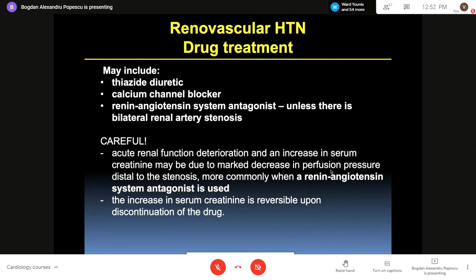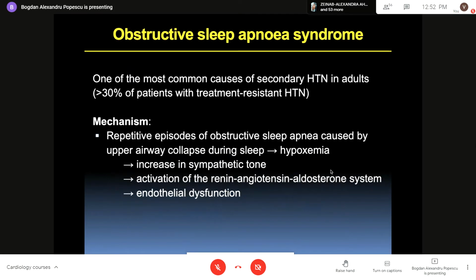So this is why in patients with bilateral renal artery stenosis, the use of renin-angiotensin system antagonist is contraindicated. So these were the main categories of renal problems that lead to secondary hypertension.